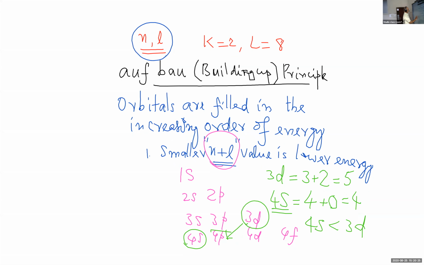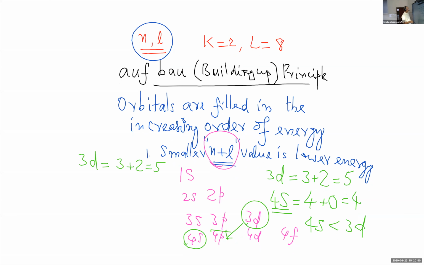You come to 3D, N plus L. Yes, come on, Vidur. 5. Value is 5. 3D, principal quantum number is equal to 3 plus D: S, P, D, 0, 1, 2. 2. So that is equal to 5.